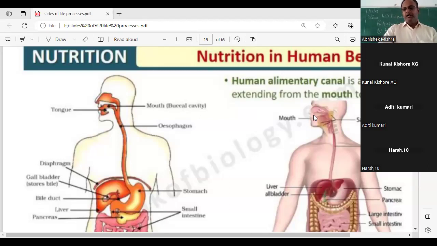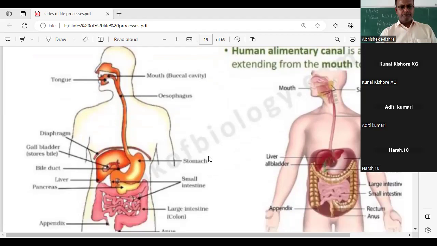Very good. Next, Kunal. Unmute yourself, Kunal. Yes, sir. Kunal, what is ingestion and where does it occur? You can see the diagram. I have highlighted the image also. Sir, the process of taking food into the mouth with the help of hand is known as ingestion.